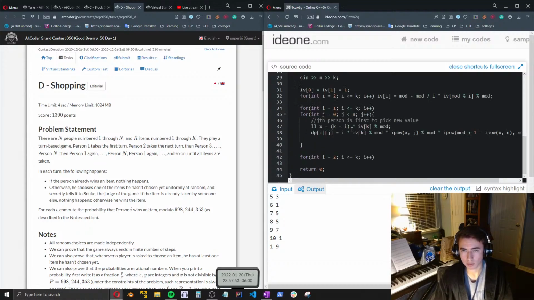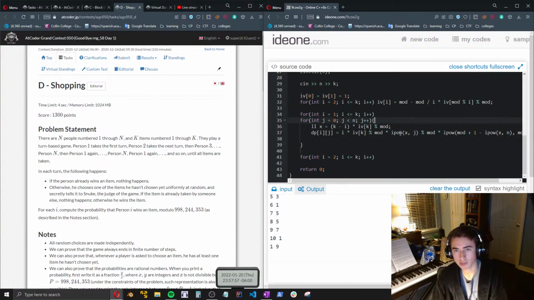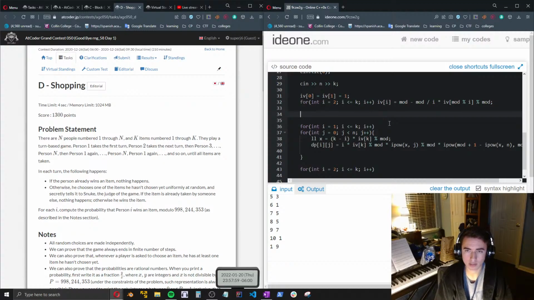So basically, we need to be able to pick if the jth person is to pick the first value when there's I left. So let's just compute that.